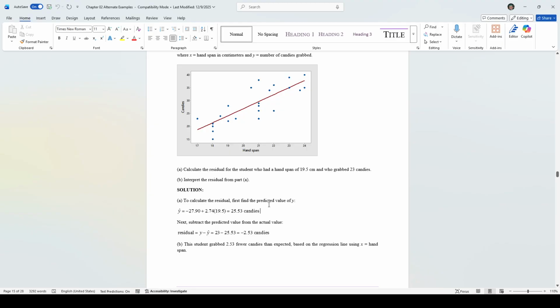That's the predicted value of y. We subtract it from the actual value and we get negative 2.53. The interpretation that the book says here is this student grabbed 2.53 fewer candy than expected based on the regression line using x equals handspan.